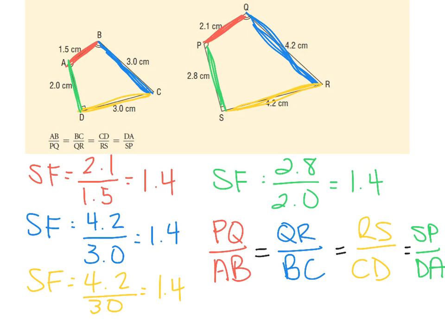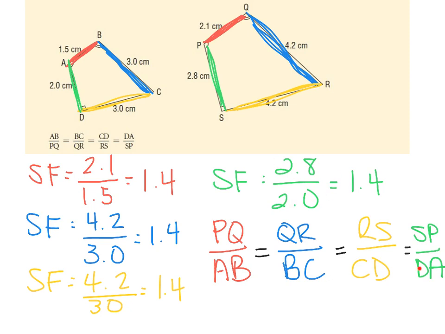So all of these fractions, PQ over AB, QR over BC, RS over CD, SP over DA, is exactly what we just did here. So our red fraction, we just calculated right here. Our blue fraction, we calculated here. Our yellow fraction was here.